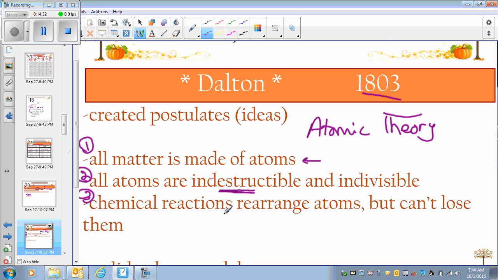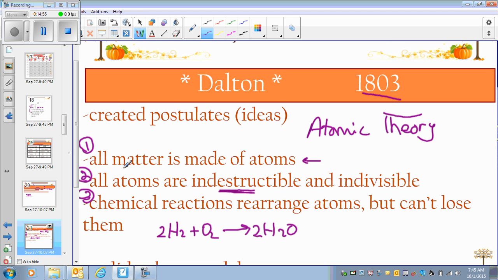Chemical reactions rearrange the atoms but cannot lose them. So it is kind of the law of conservation of mass. He said when you have a chemical reaction, you break the existing bonds and make new bonds. But in that process, you cannot lose anything and you cannot gain anything. So it was a very important concept.